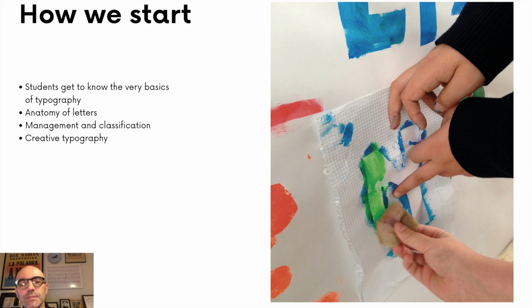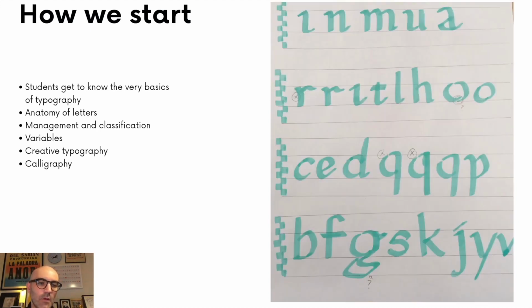And we use these open projects to introduce typography. For example, in visual art, you have to work with collage and printing, so we make a collage about typography, and so we introduce typography in every aspect we can. Also, they learn the basics of calligraphy, right? And then, of course, they practice them.